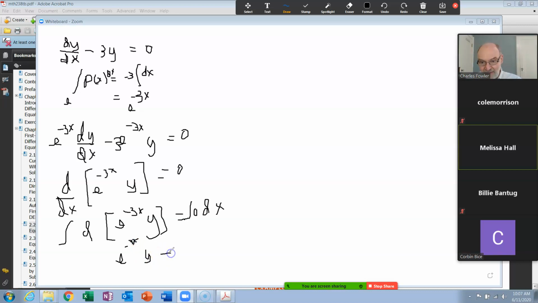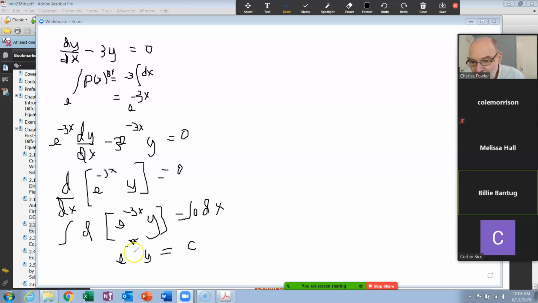And what you have here, what's the integral of 0 dx? Antiderivative of 0. Would it be a constant? A constant, absolutely. C, whatever constant you want to call it.